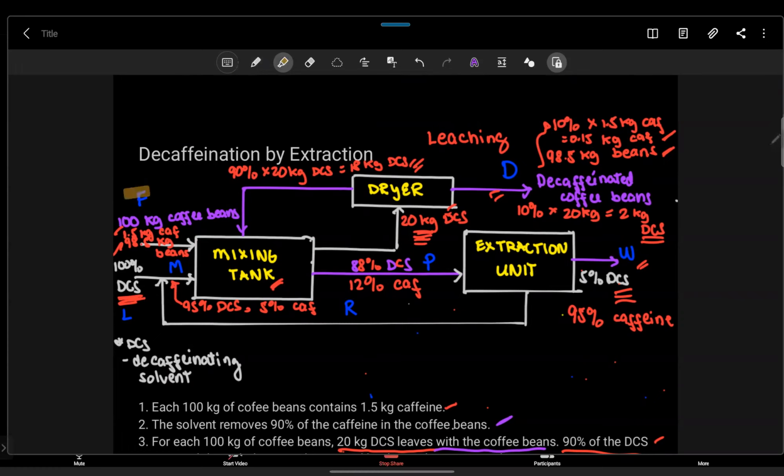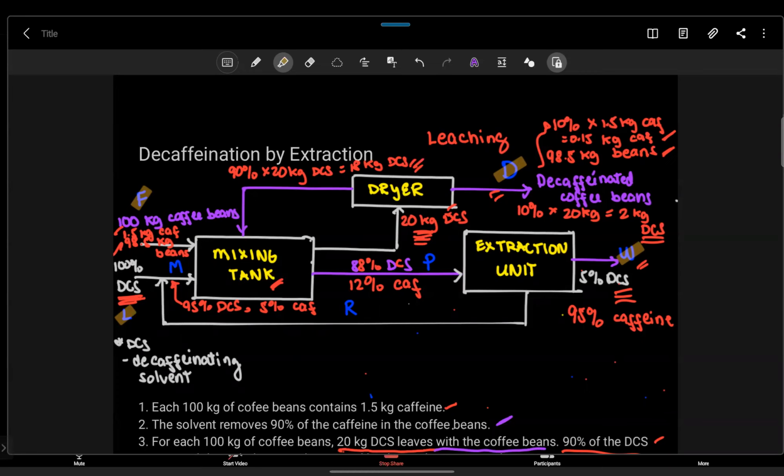Yung F, yung L, okay? Ano pa? Yung D, yung W, sila naman yung lumalabas. Ang pumapasok lang ng F and L, ang lumalabas ay D and W. So sina R, sina M, sina P, they're within the system already.